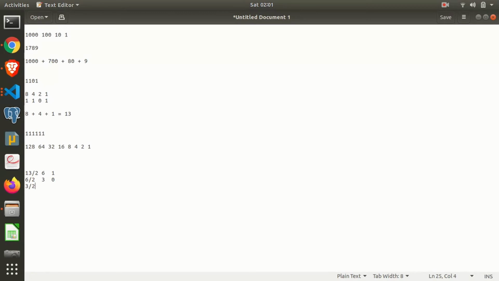Again 3 comes down: 2 times 1 is 2, the quotient is 1 and the remainder is 1. Then 1 comes down and 1 divided by 2: 2 times 0 is 0, the quotient is 0 and the remainder is 1. So 13 is represented in binary as 1101. We need to read from the bottom to the top, not from top to bottom. So this is how you convert decimal to a binary number.